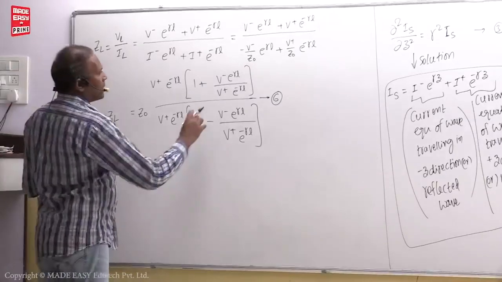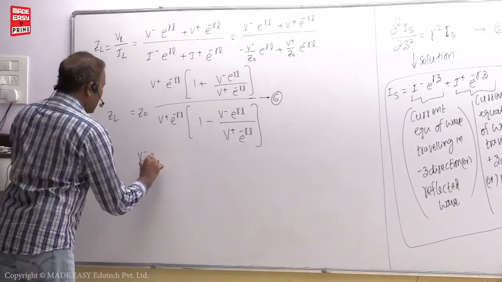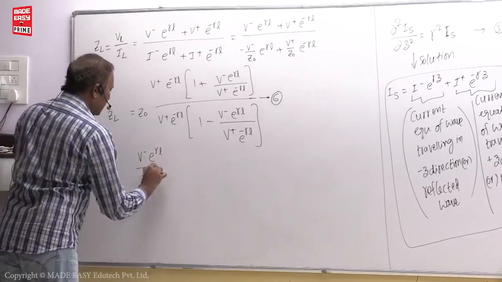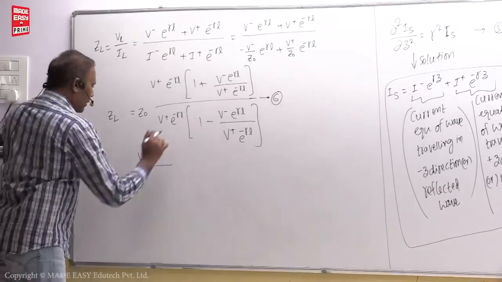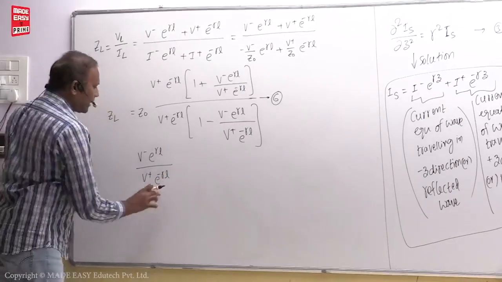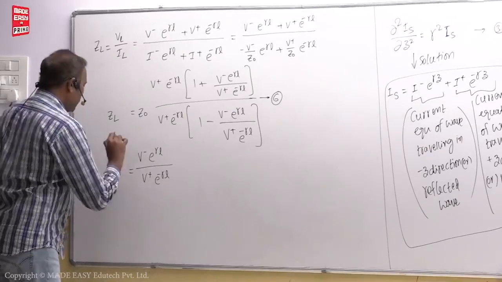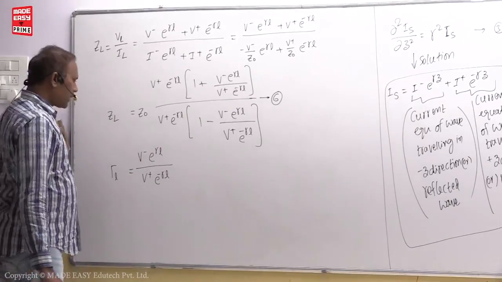Now what is this actually? V minus e power gamma L is the reflected voltage at the load, and V plus e power minus gamma L is the incident voltage at the load. Their ratio is defined as the reflection coefficient at the load.